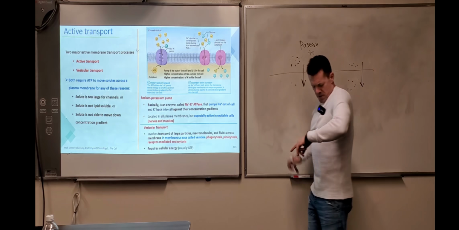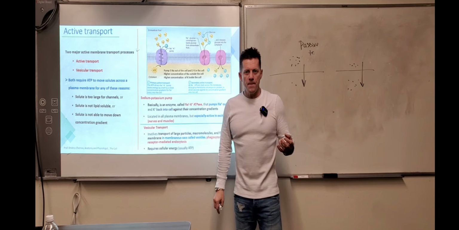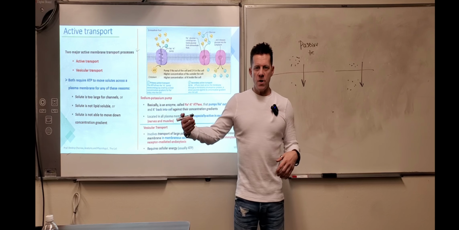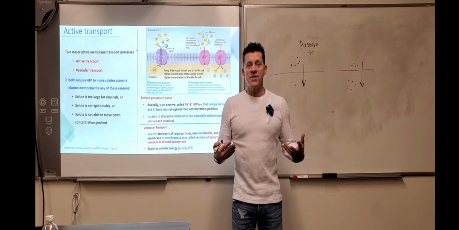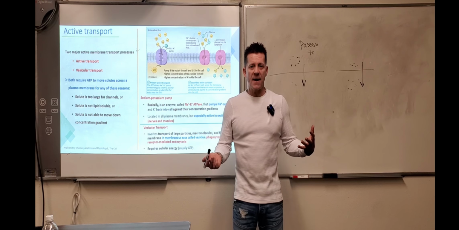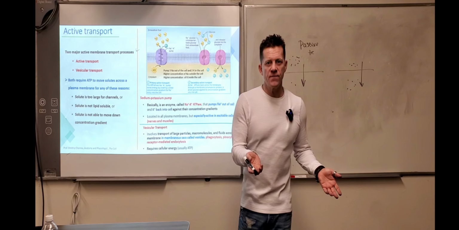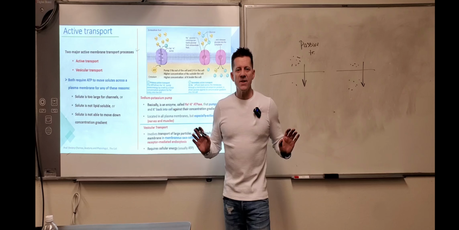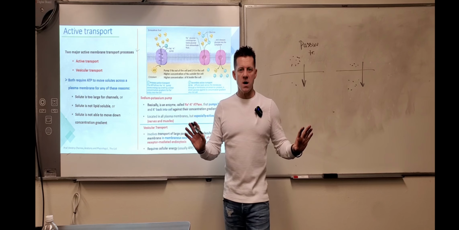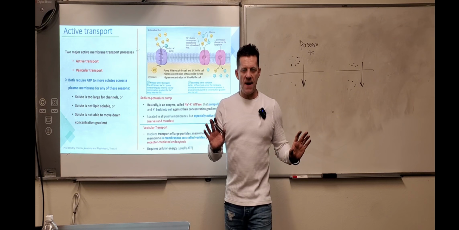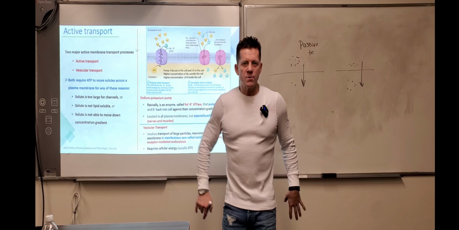A great example would be standing on the platform. So the train arrives at the platform, doors are open, and the car is packed. So you're not able to get inside of the car. You need energy, someone pushing you inside of that car, so the door can close behind you.